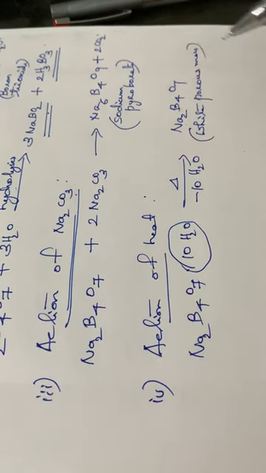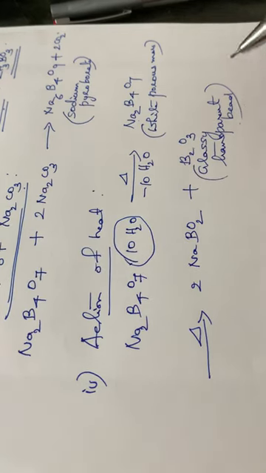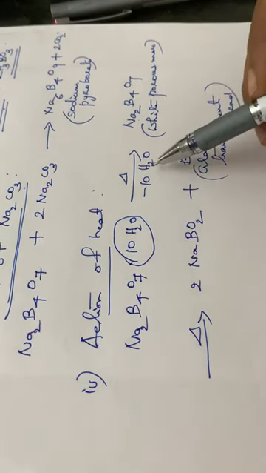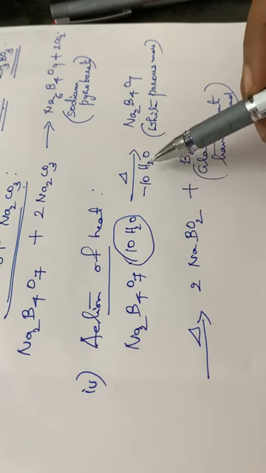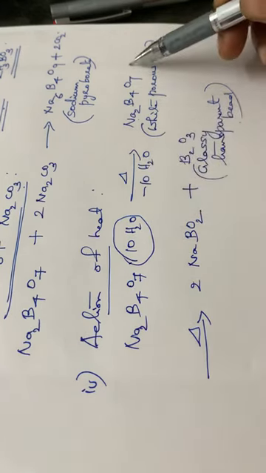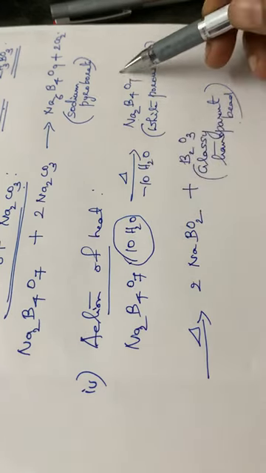Again on heating, it gives sodium metaborate, 2NaBO2, plus B2O3. See here, this B2O3 is a glassy transparent bead. So here we can see that borax on heating loses 10 molecules of water of crystallization and a white porous mass is obtained.